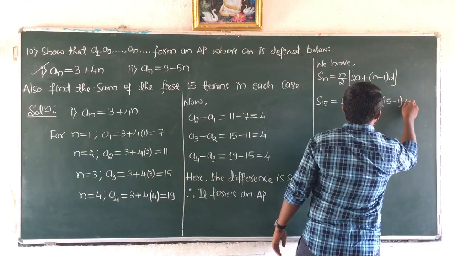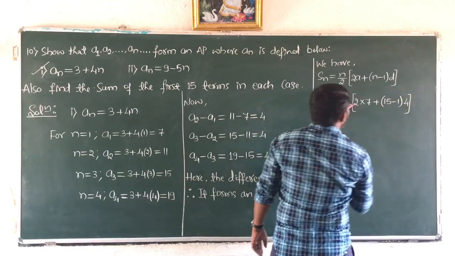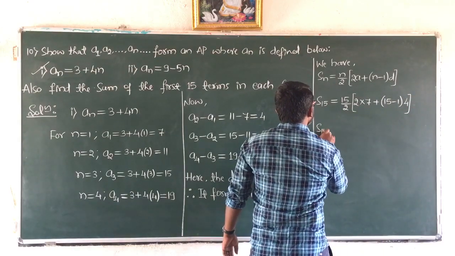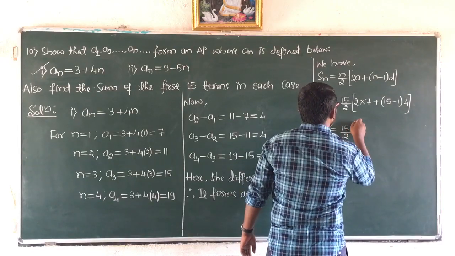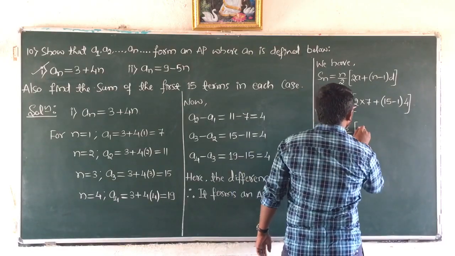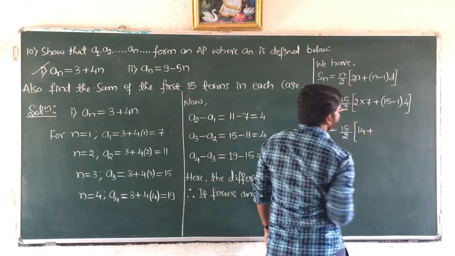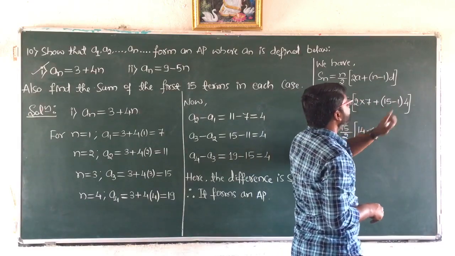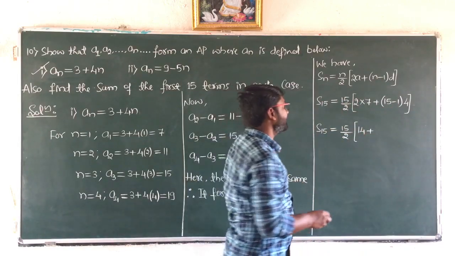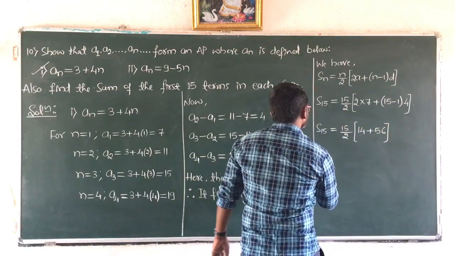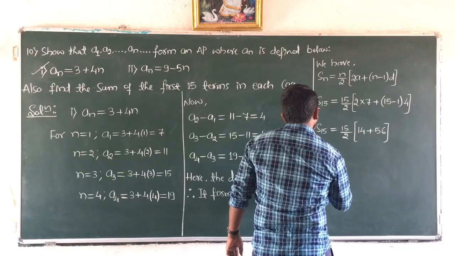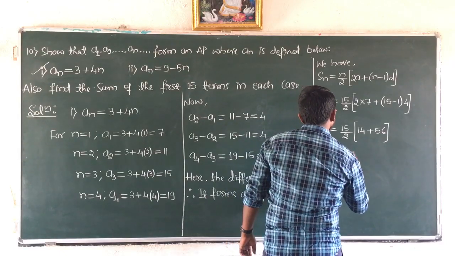d is 4. So now S_15 is equal to 15 divided by 2 into the bracket, it is 14 plus 15 minus 1 which is 14, 14 into 4 is 56. So now S_15 is equal to 15 divided by 2.